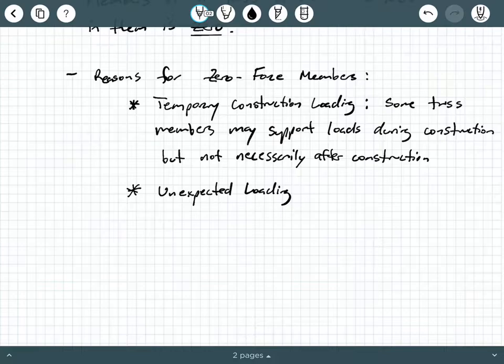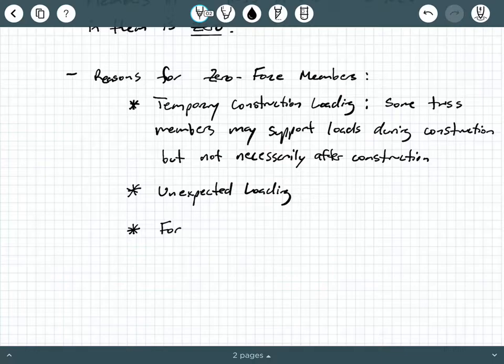If you have an unexpected event like an earthquake or a major windstorm, some of those truss members that ordinarily would be zero force members are now supporting a force, because you have this unexpected earthquake force happening or an unexpected wind load blowing on your system.